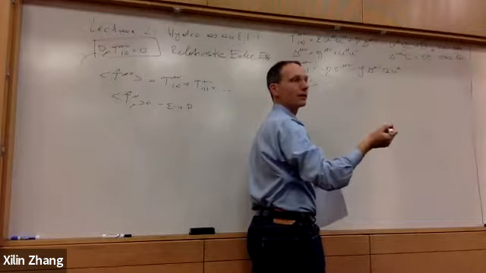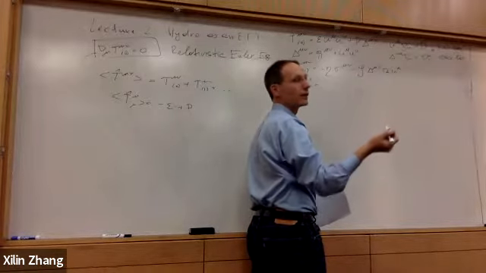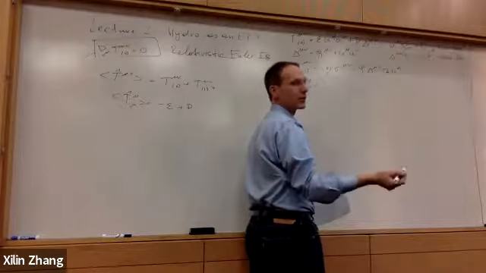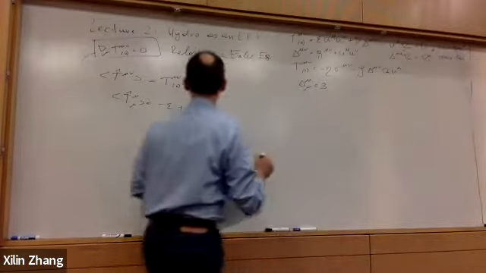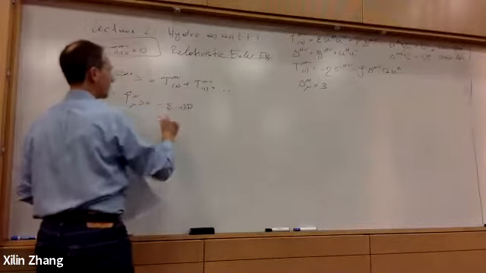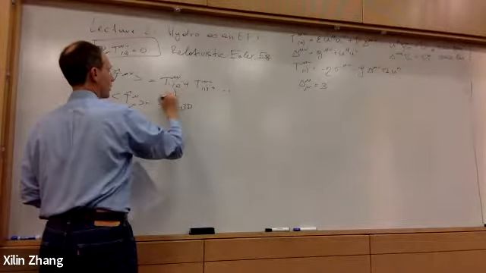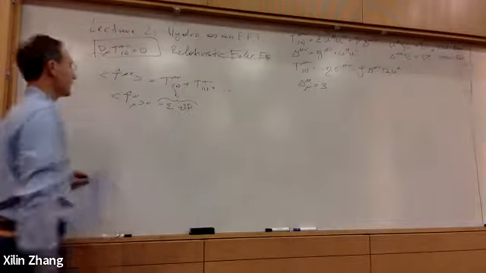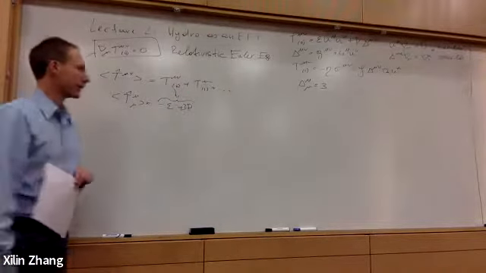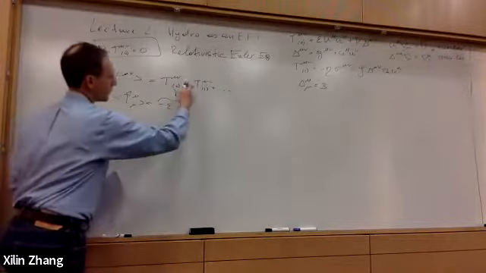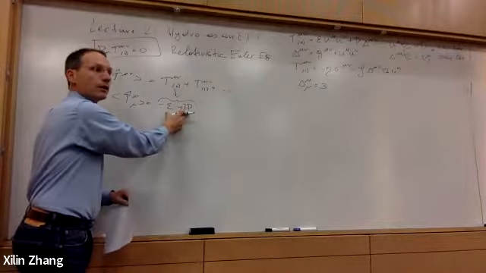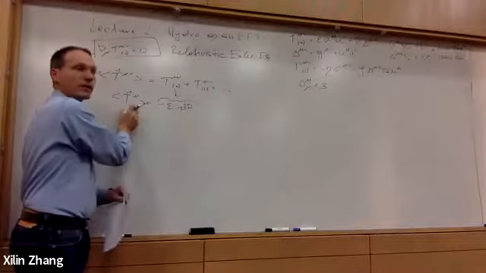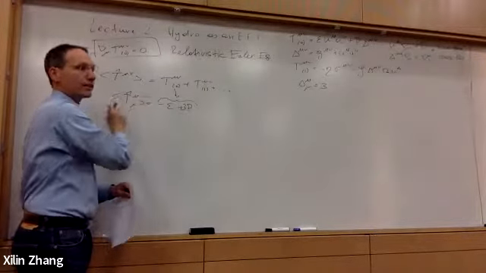You can do it in the local rest frame, yes. It depends on the dimension of the problem. If we are in 3 plus 1 dimensions, this is just 3. So then we just get 3P. This is just the part that's coming from the ideal part here. And again, if you truncate the system, then this is just the trace anomaly of the full energy momentum tensor. So left and right hand side match in equilibrium.